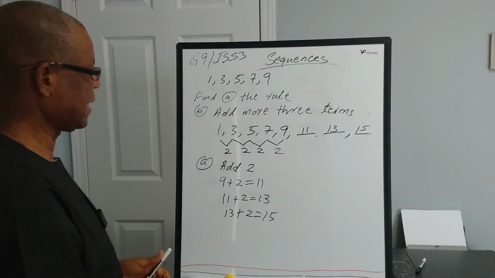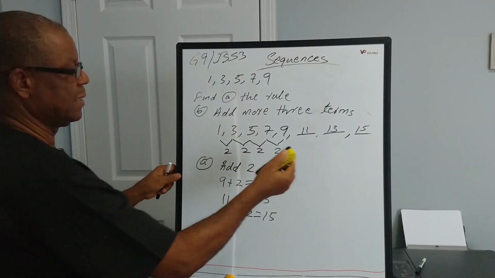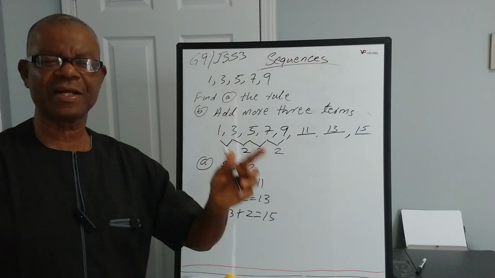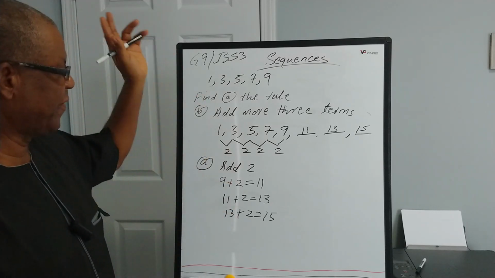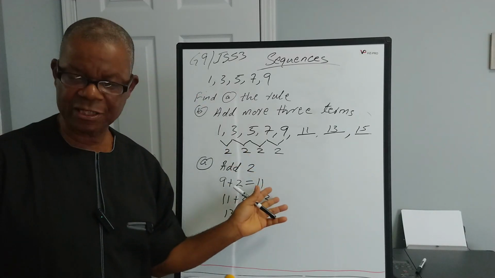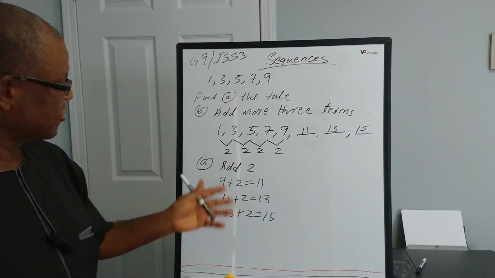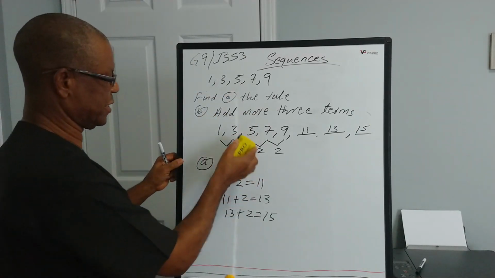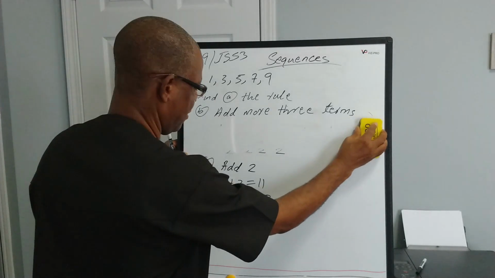Let's take another sequence. Like I told you, it doesn't mean that the rule for each of them must be the same thing. The first one we had add 2, the second one we had add 2. It doesn't mean it must be add 2. It can be any number.